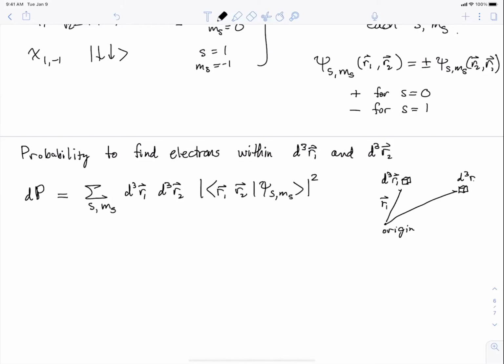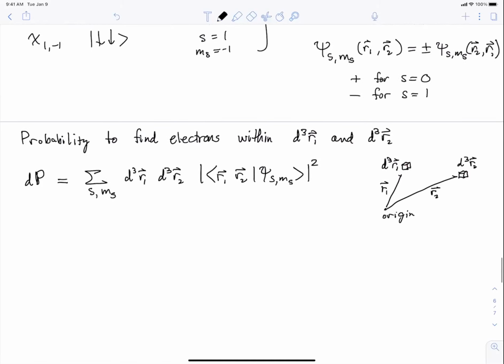That's d3r2 at a distance r2. And so what I'm saying is, what's the probability to find both an electron in this box and an electron in this box at the same time? And that's what this expression is giving us. So if you want to find the probability for some volume, you're going to have to integrate with respect to d3r1 and d3r2, which we will do a little bit later.